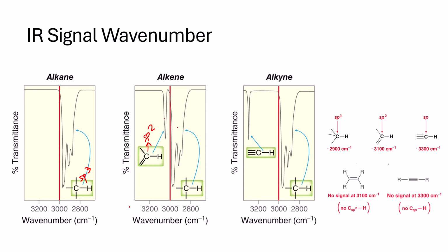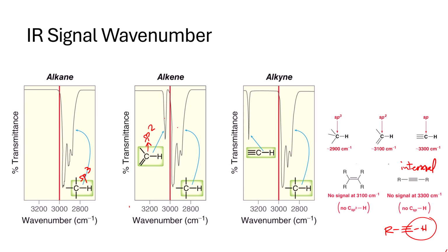Now, it is important that you notice if the alkyne, for example, is internal, like this one, an internal alkyne will not have this band because it lacks a hydrogen attached to the carbon. So this signal is for terminal alkynes, which have that hydrogen. If it is internal, you lose that signal, but you will have the carbon-carbon triple bond, more or less intense depending on the substitution.